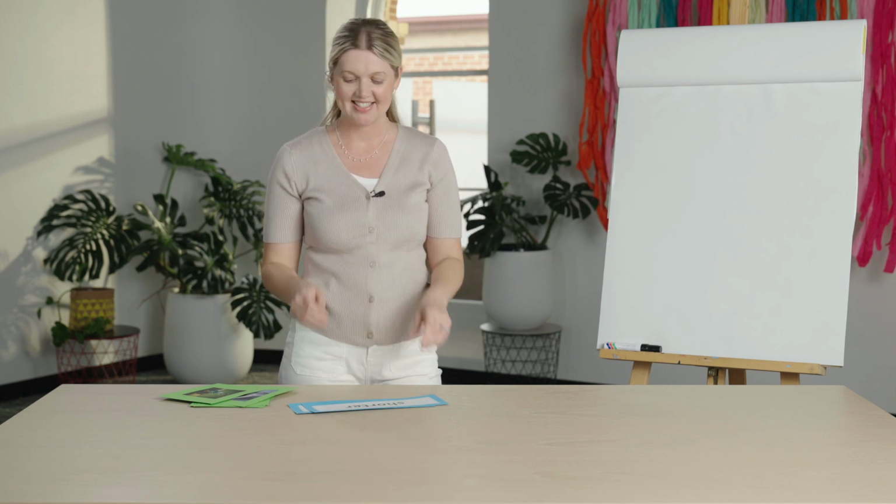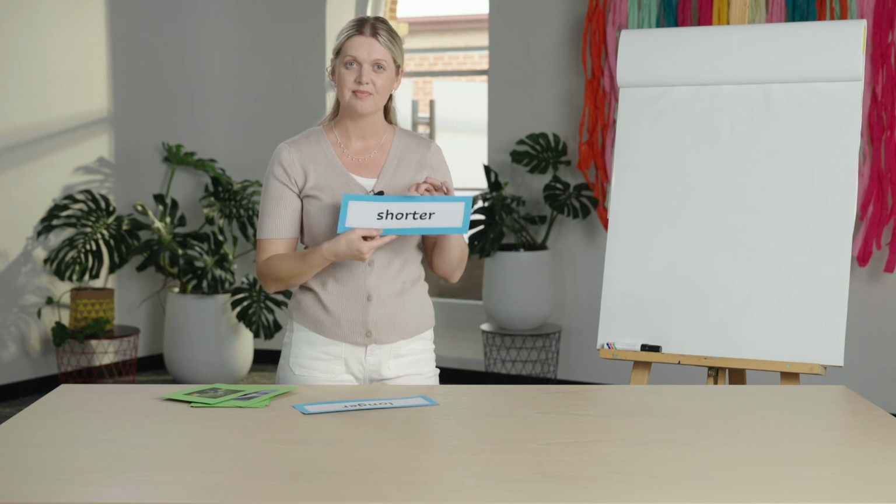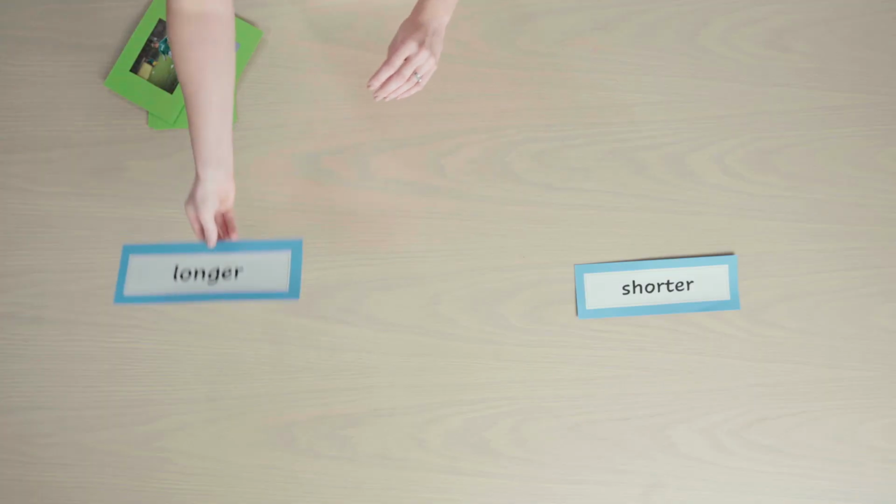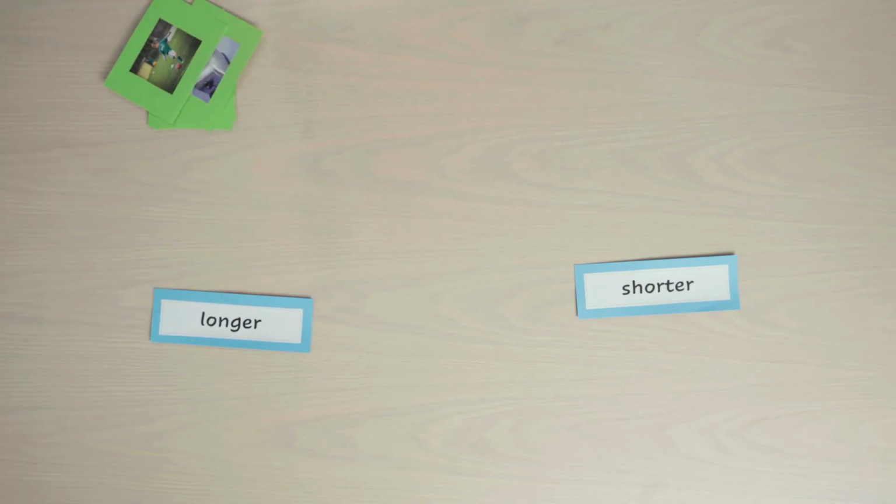Now, I'm going to hold up two images and I want you to think about which image has a shorter duration and which image has a longer duration. Can you help? Okay.